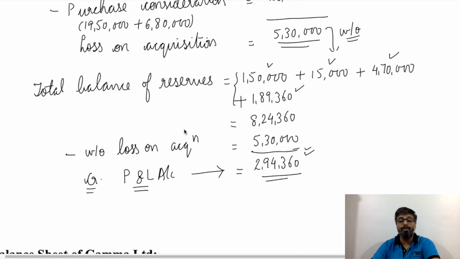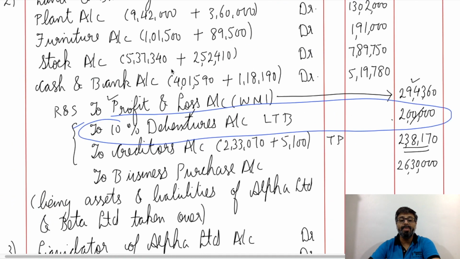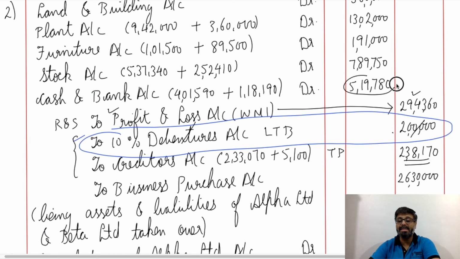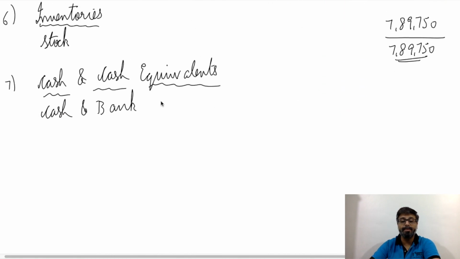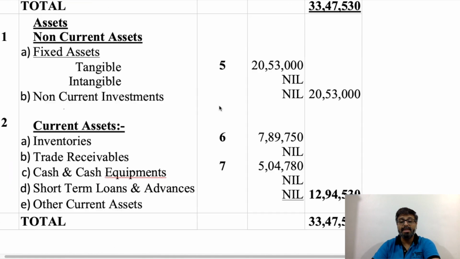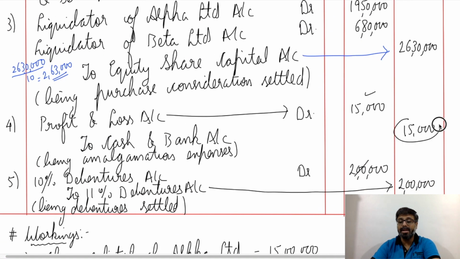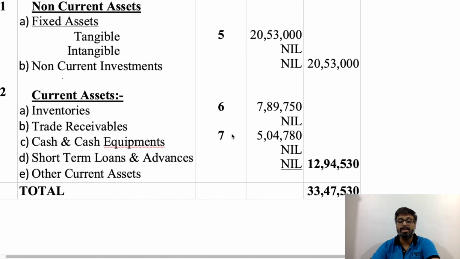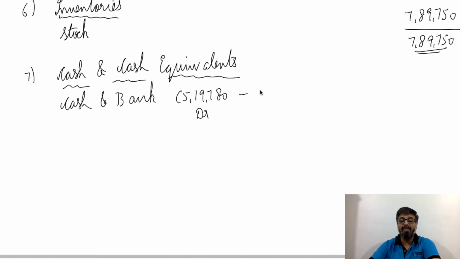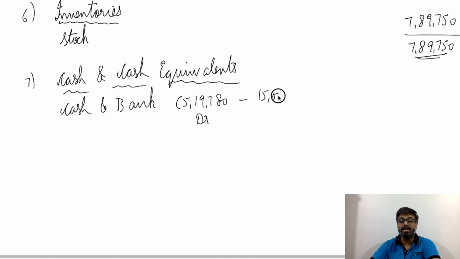Now cash and bank, all of you can see in entry number 2, we have 519780, write it in bracket. 519780 is debited in entry number 2, minus. Simultaneously, you'll also see that cash and bank credited is 15,000 paid for expenses.